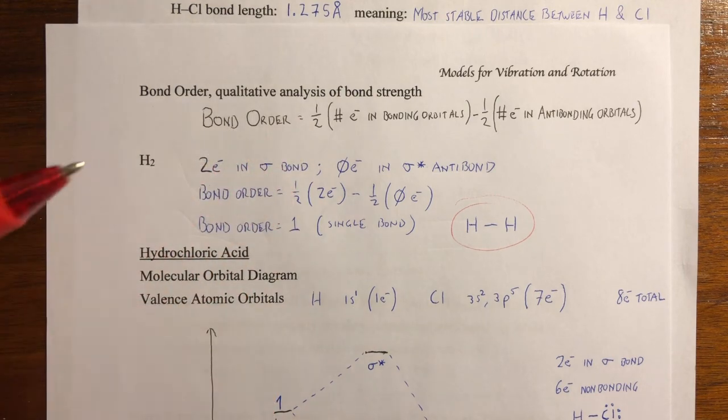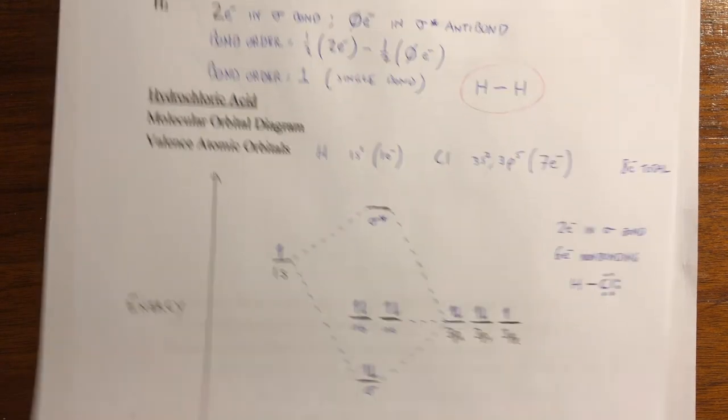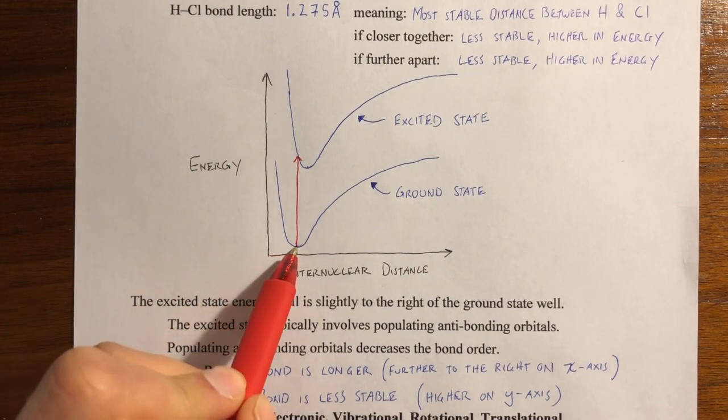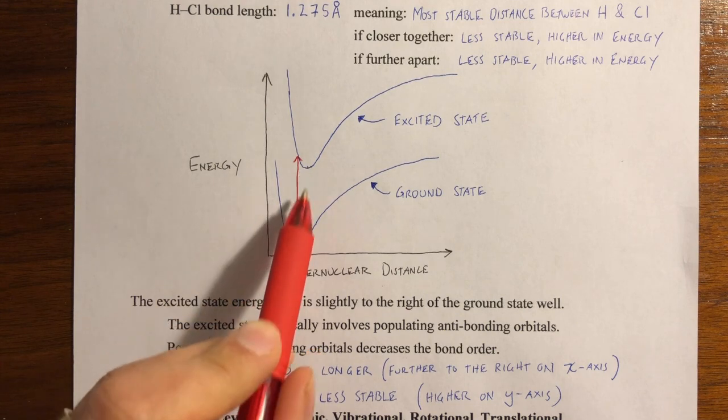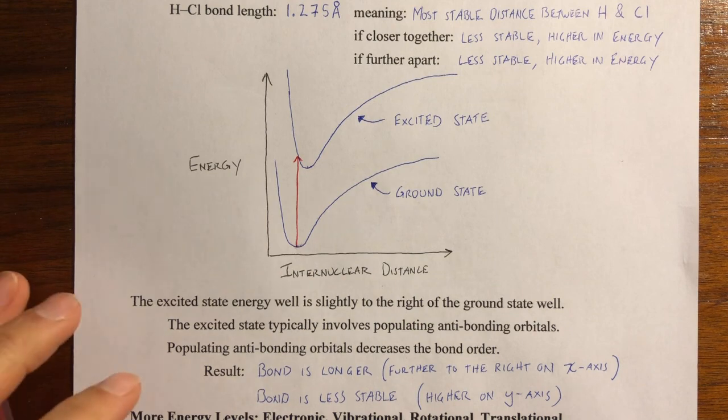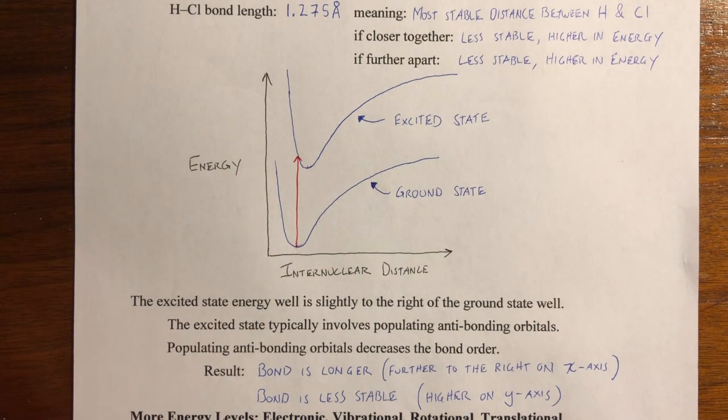So we're decreasing the strength of that bond. If you decrease the strength of the bond, it'll get longer. And that's why the bottom of this well is slightly to the right of the well in the ground state. And it's all higher in energy because it is less stable.